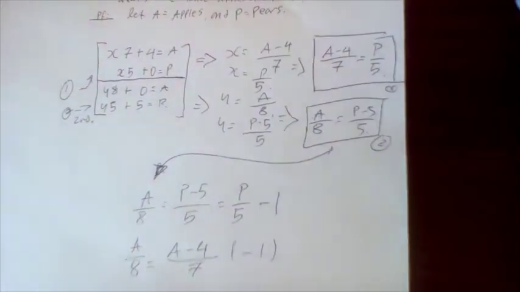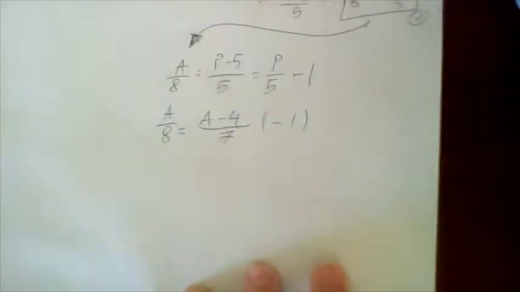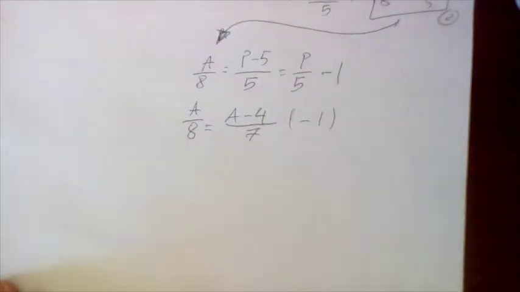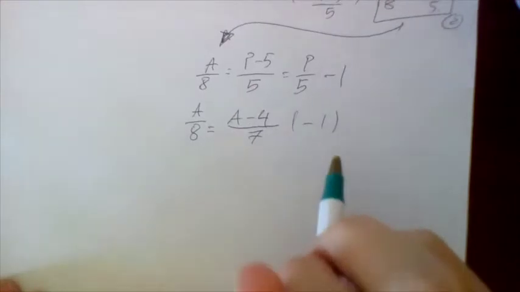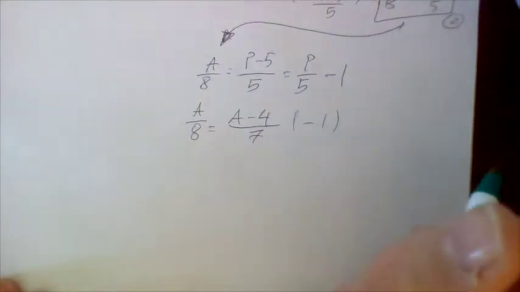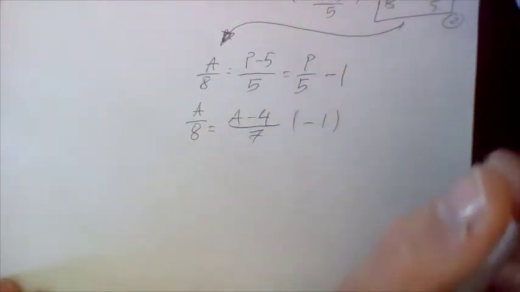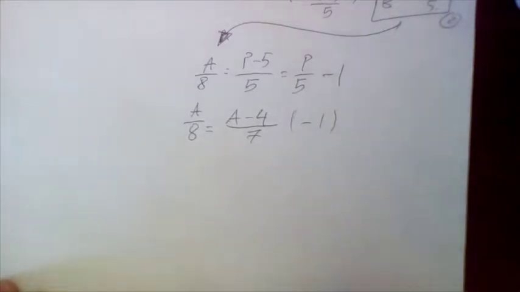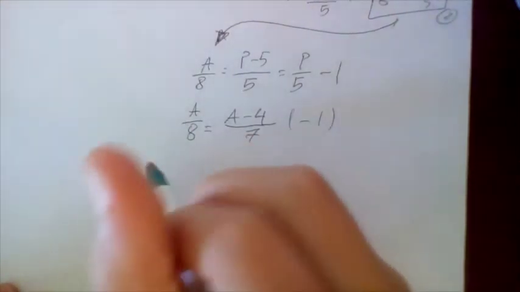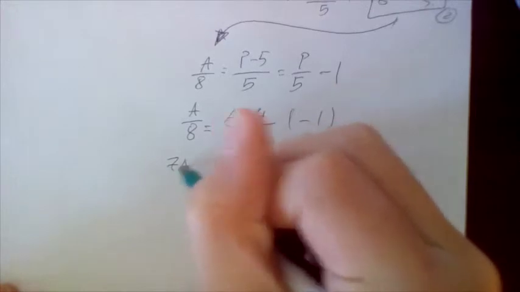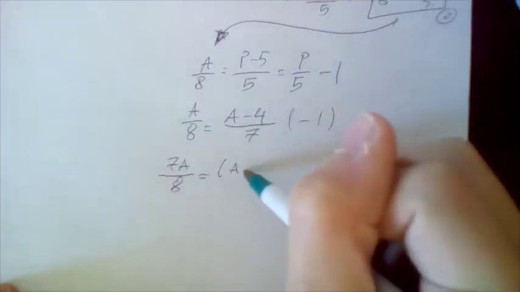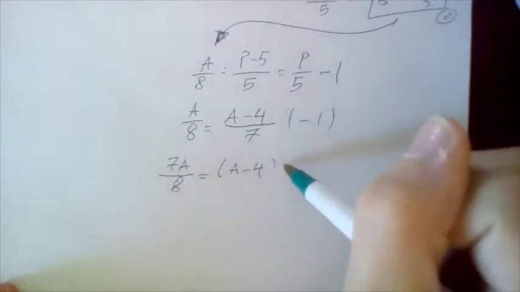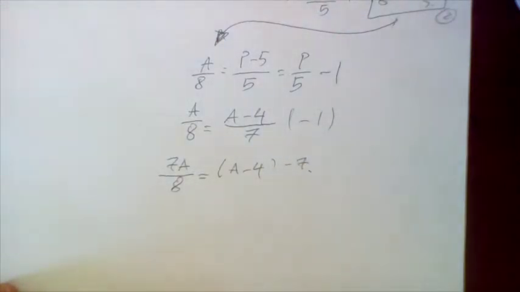Now we solve for A. We times 7 to both sides and we get 7A on 8 is equal to A minus 4 minus 7.